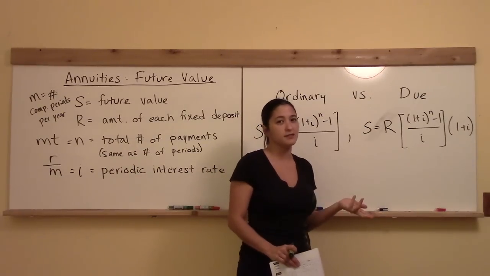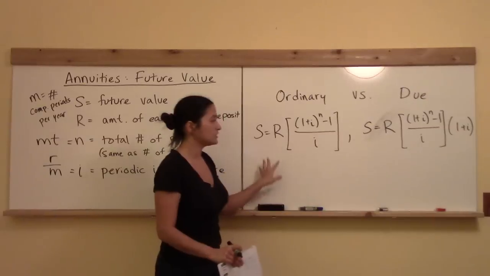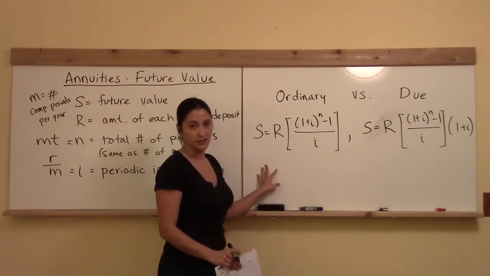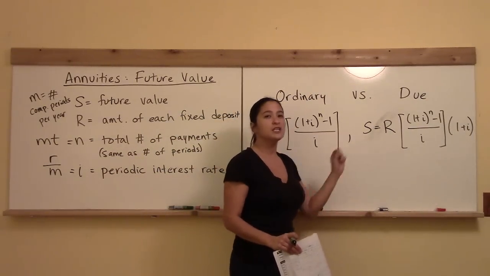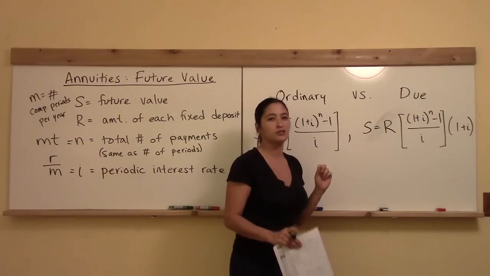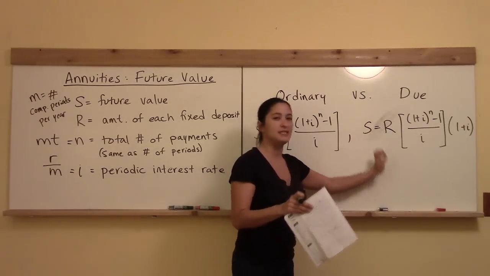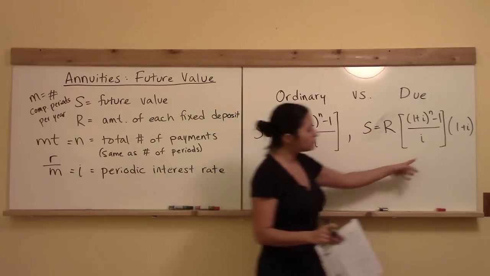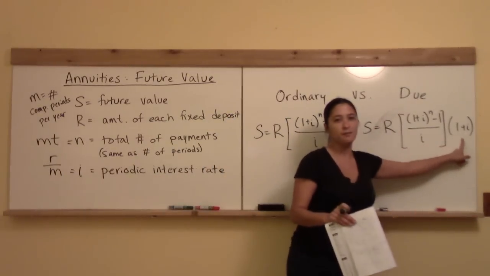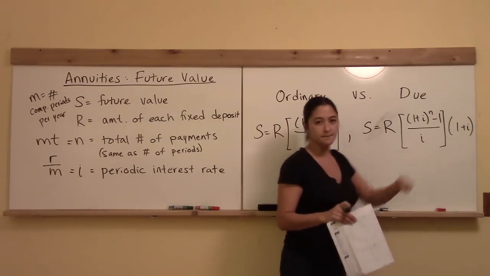If you want to think about monthly, let's say at the beginning of the month I put in my money versus at the end of the month. What happens in an annuity due is that you accrue just a little bit extra interest. You accrue one month extra of interest because you put it in at the beginning of the month as opposed to waiting till the end of the month. And that little bit of extra is represented by multiplying that whole thing by 1 plus i.